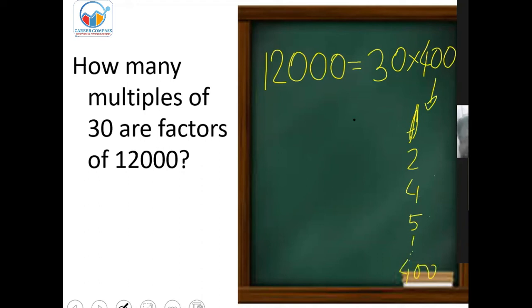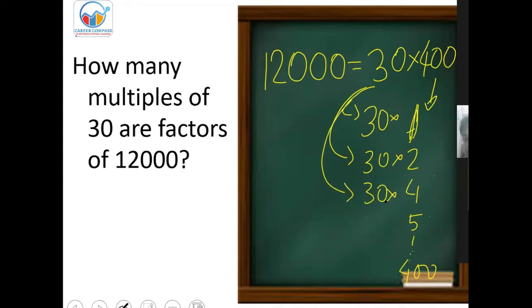Every time I multiply by 30, it will become a multiple of 30, no?